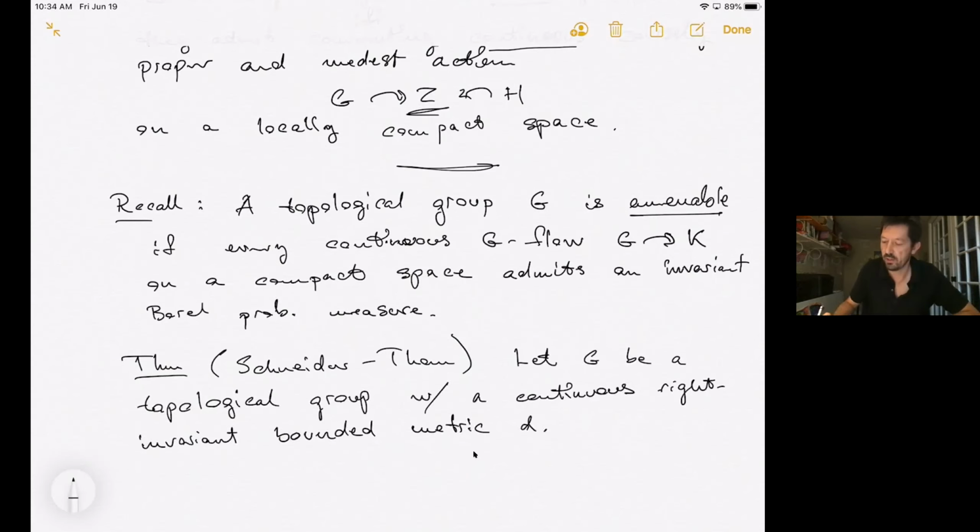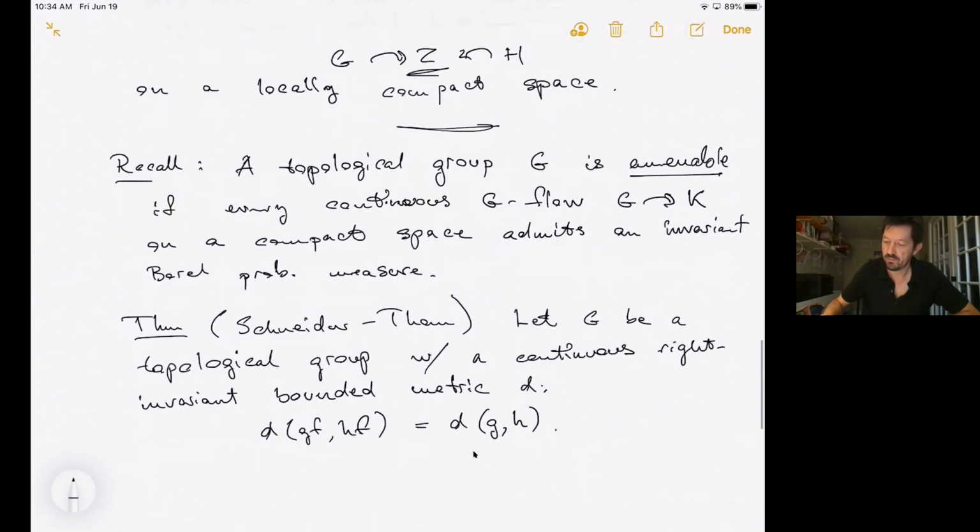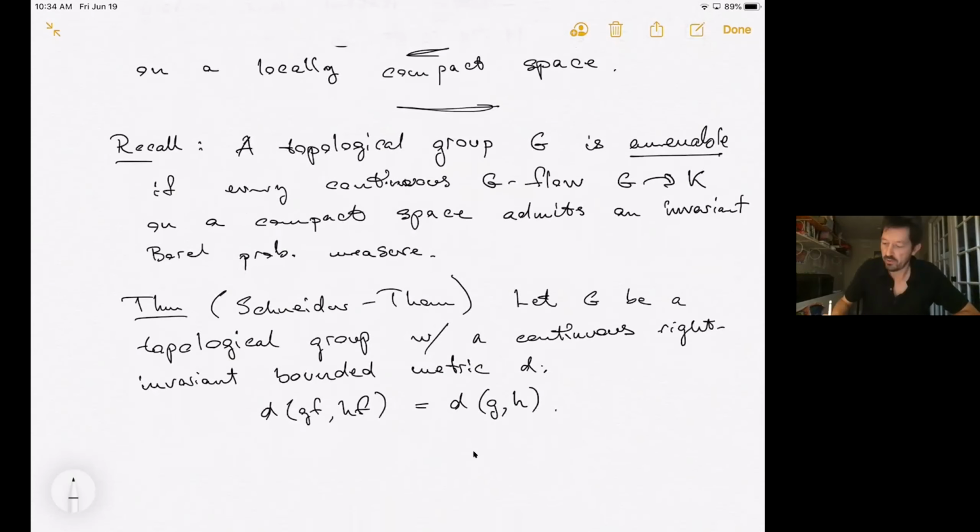Right invariance is just that d(gf, hf), the distance between these two elements, is the same as between g and h. Then the following are equivalent.